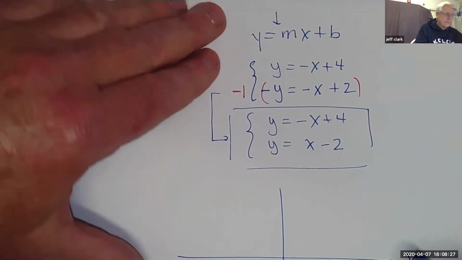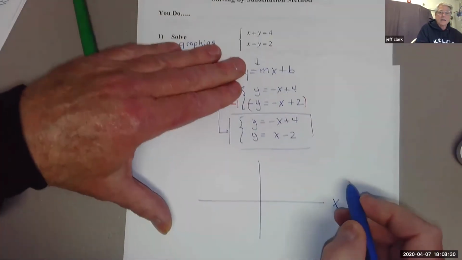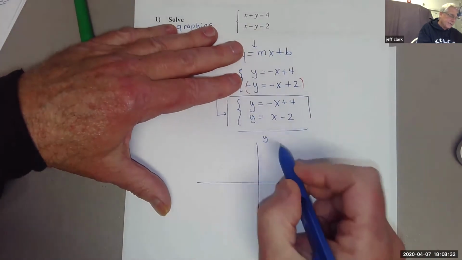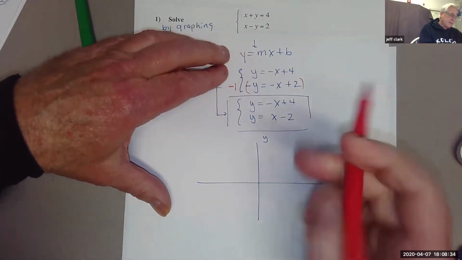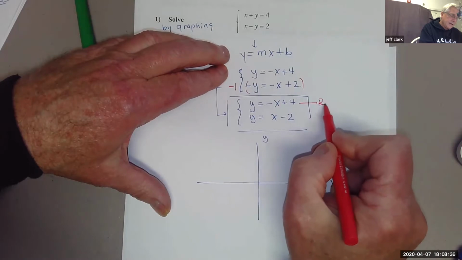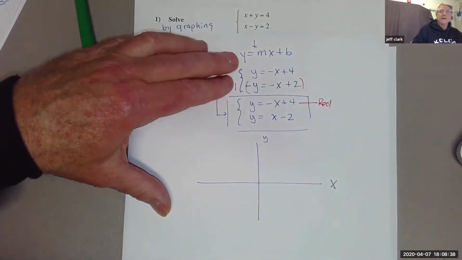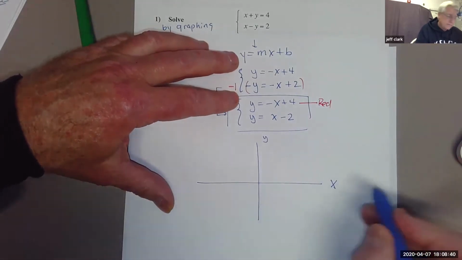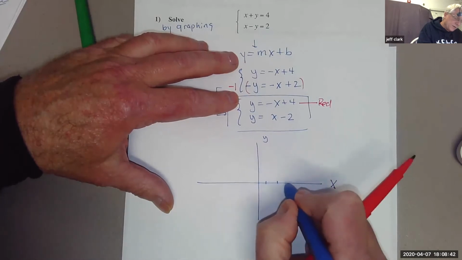This is your x-axis. This is your y-axis. Maybe I'll do this one in red. I have to find 4 first. So let's see, 1, 2, 3, 4.